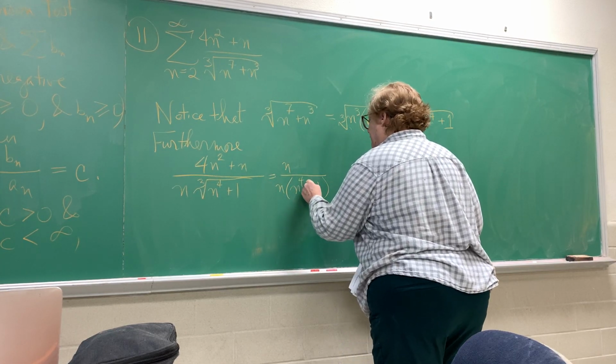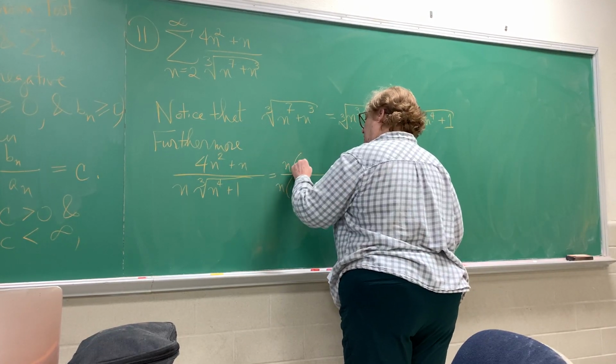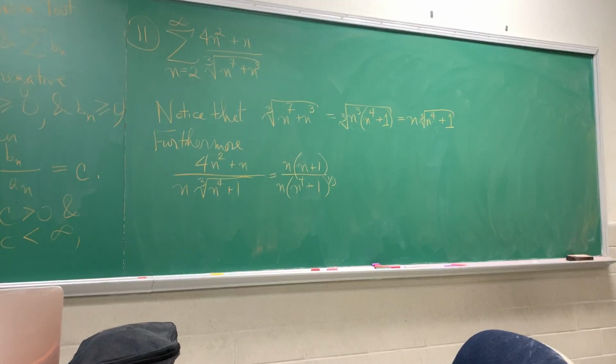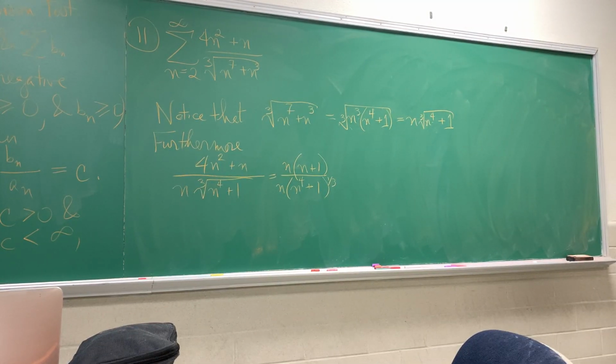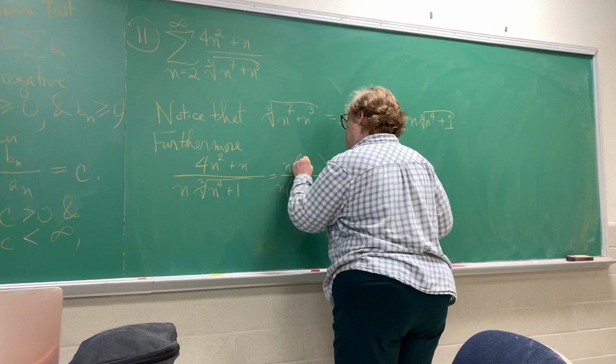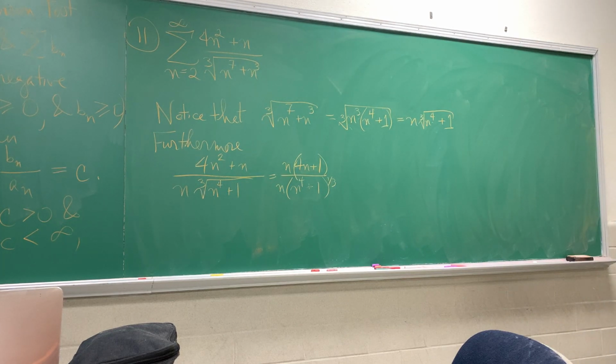And I am gonna go ahead and write the denominator as the 1/3 exponent. You just went ahead and changed the 4n squared plus n to n. Didn't you pull out n cubed in the denominator?